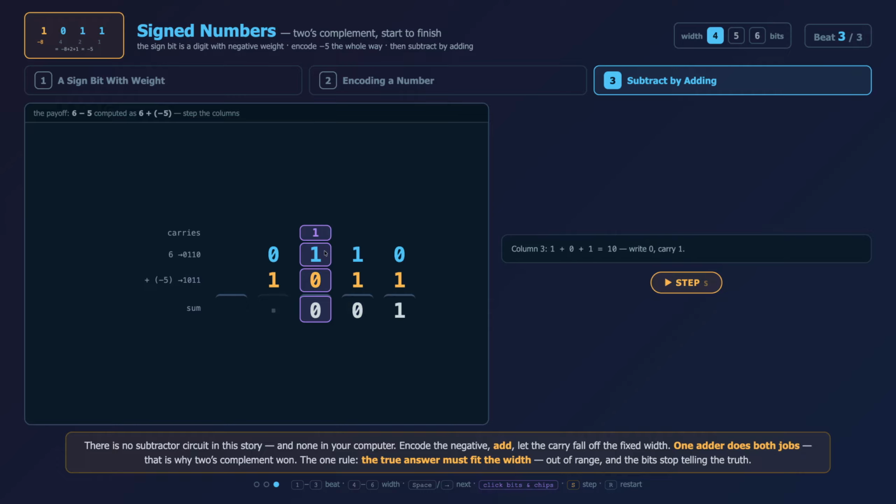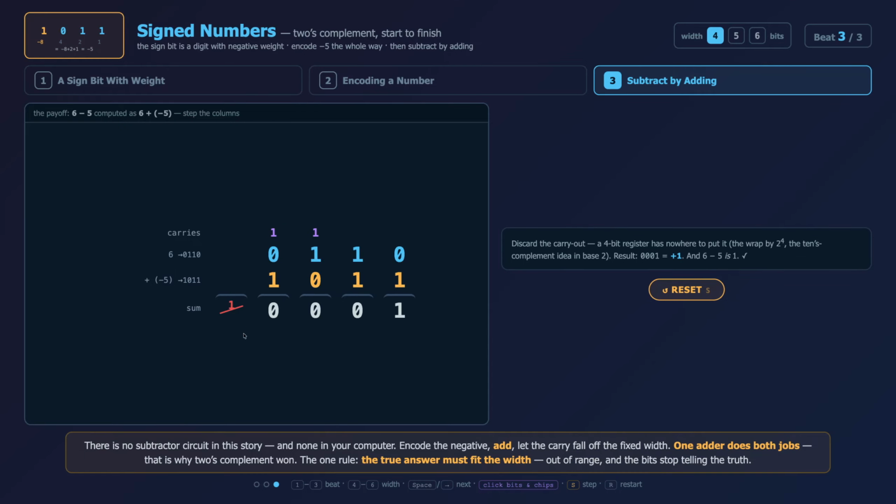Then we have 1 plus 1 plus 0 is 0, carry the 1. 1 plus 0 plus 1 is 0, carry the 1. And the 1 gets over here in the extra bit position, and we can ignore that. Okay, so in this case, the answer would be 1. What we're doing here is 6 minus 5. Another way to think of that is 6 plus a negative 5, and we know the answer gives us 1.